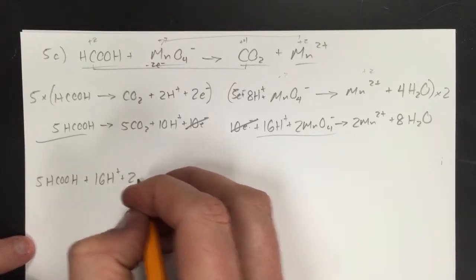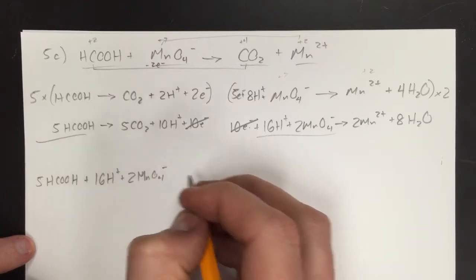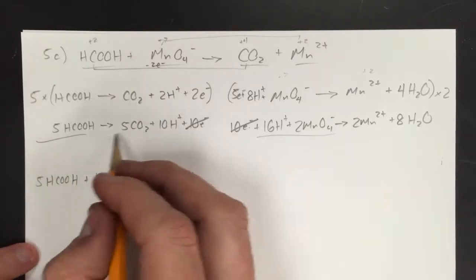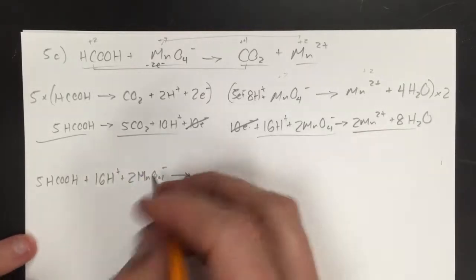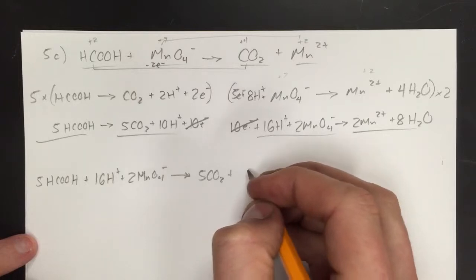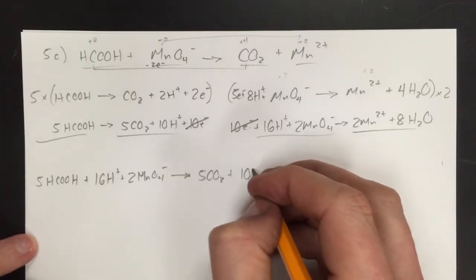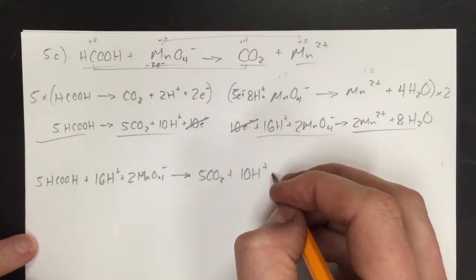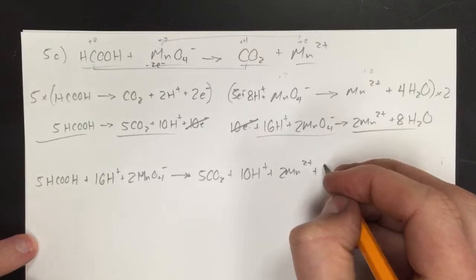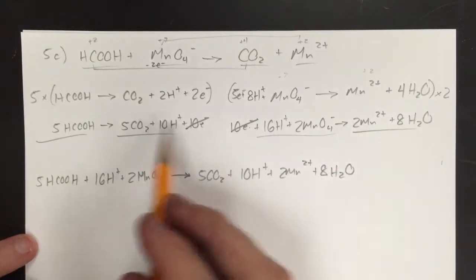And then we got 2 MnO4 minus, and that's all that we have for the reactants. Now the products: we got 5 CO2s plus 10 H pluses plus 2 Mn2 pluses plus 8 H2Os. That's what we had in the products. The electrons have already canceled out.